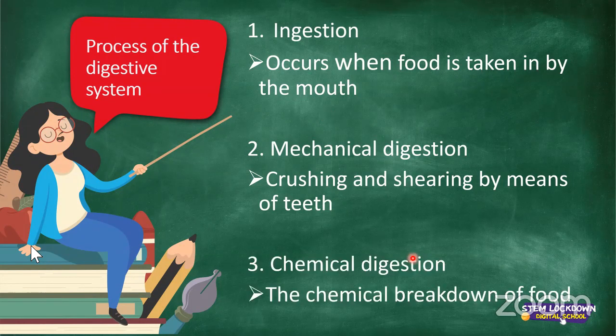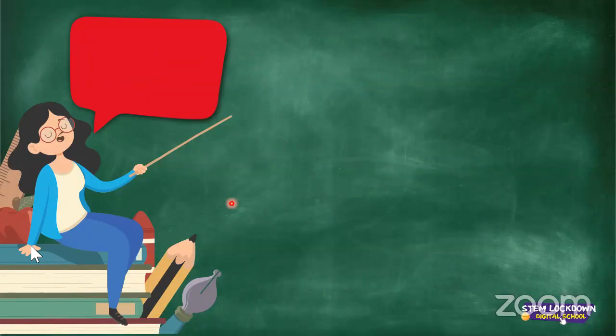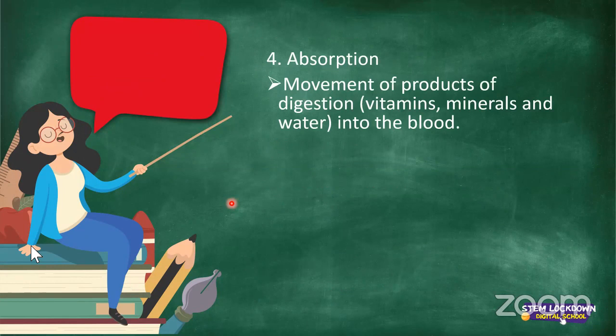The third thing is chemical digestion, the chemical breakdown of food. Then we have absorption, which is the movement of digested products into the blood. Those are your vitamins, minerals, and water, and that is what we'll be mainly looking at. So absorption is the movement of products of digestion into the blood.